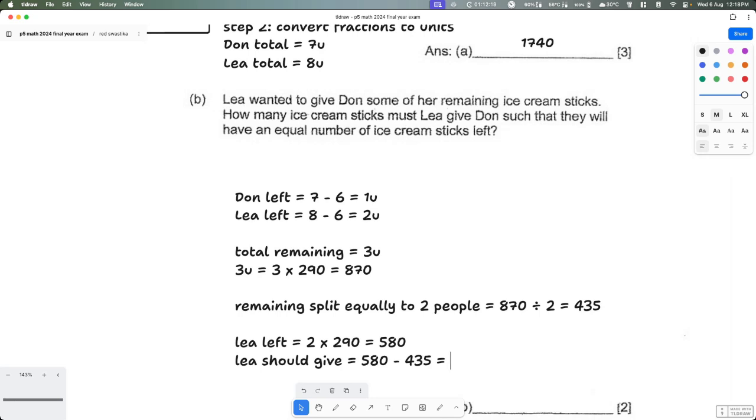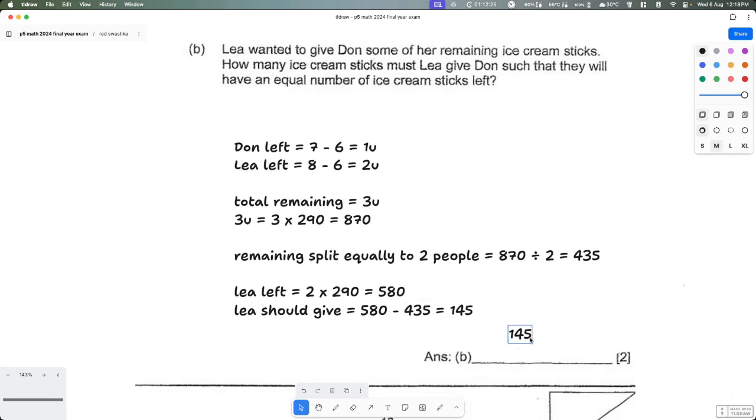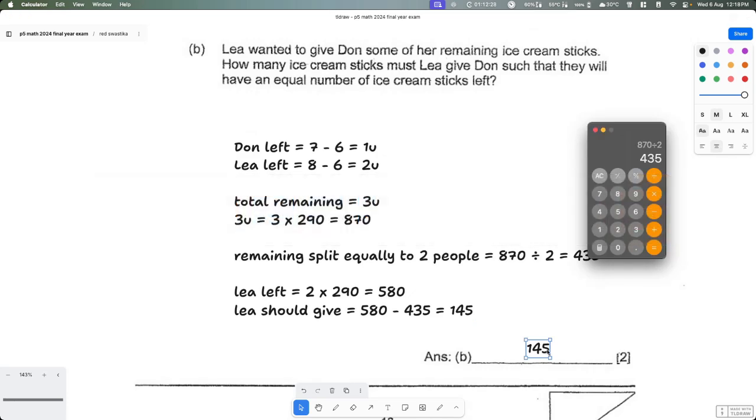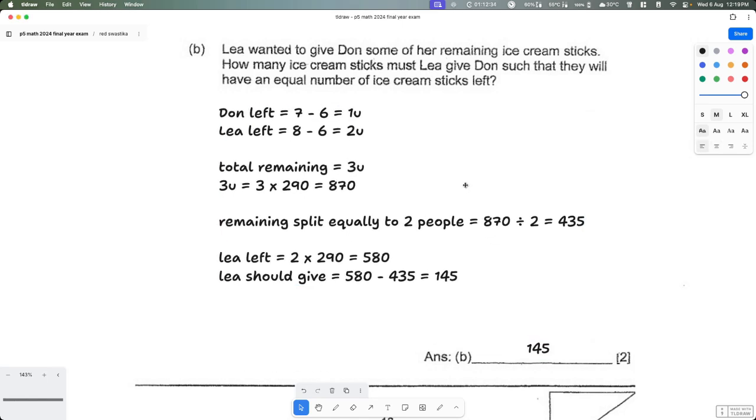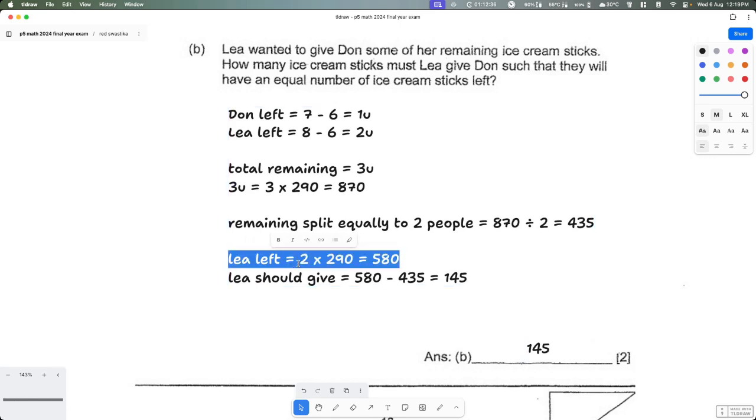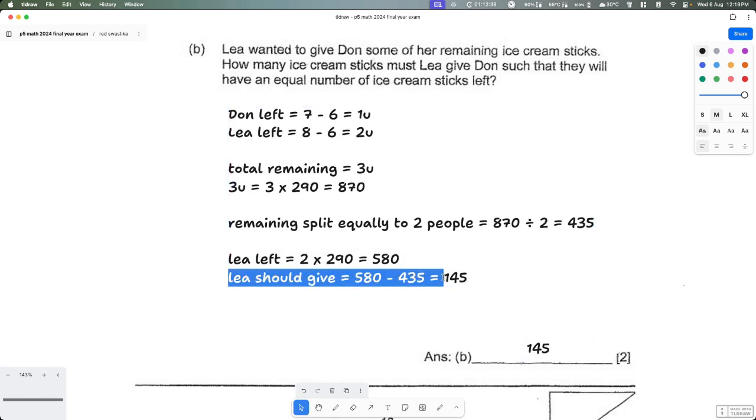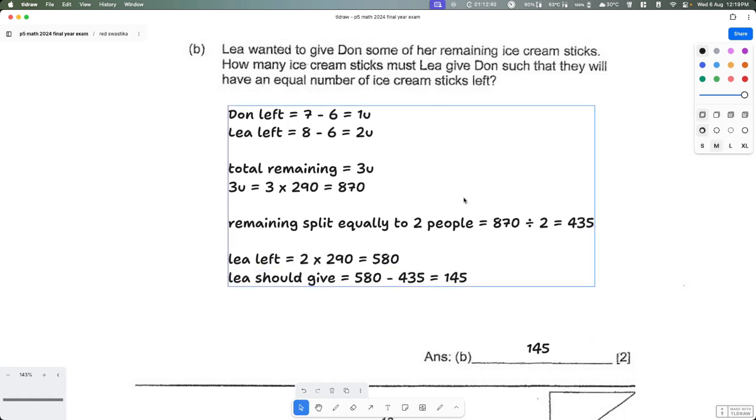Okay, and this will give us 145. Right, there you go. So that's the answer, 145. Okay, let me double check. Right, 580 minus 435, 145. Great. Leah was left with 580. Leah should give 145 to make it equal.